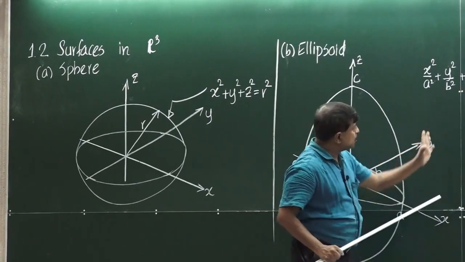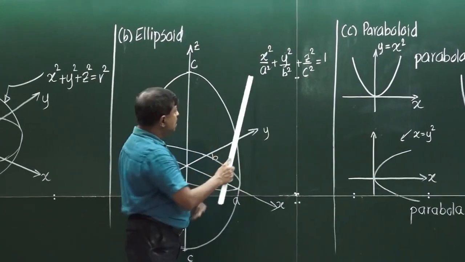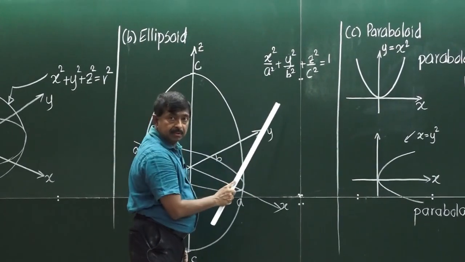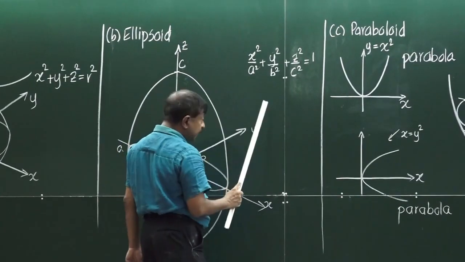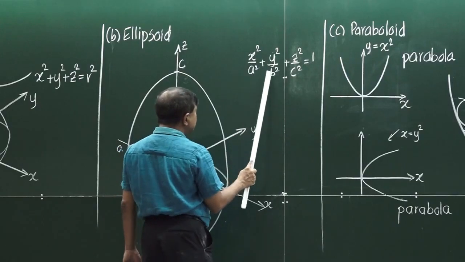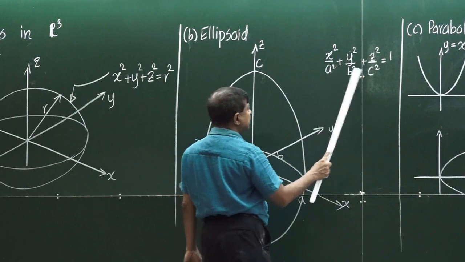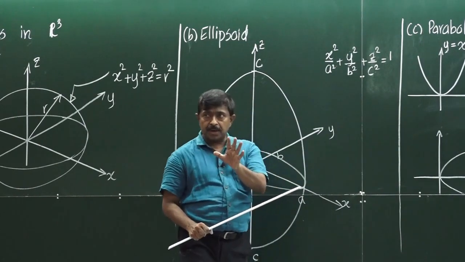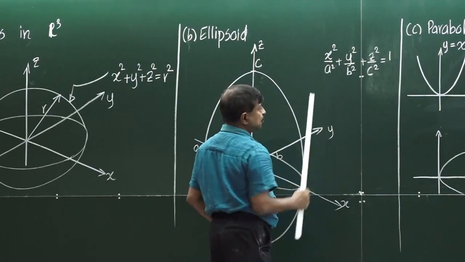In the case of an ellipsoid, you have all the variables on one side, and all the coefficients have the same sign, all positive, but they have different values. Here they have the same values. Once you have different values there, you will get the ellipsoid.